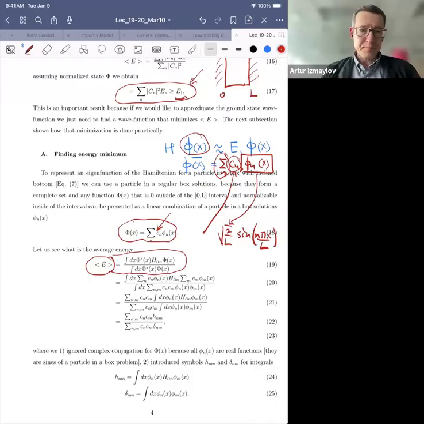Is the formulation clear? Essentially, this should remind you of multivariable calculus, right?